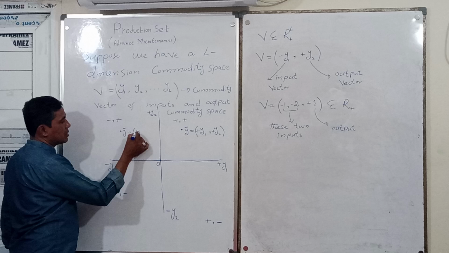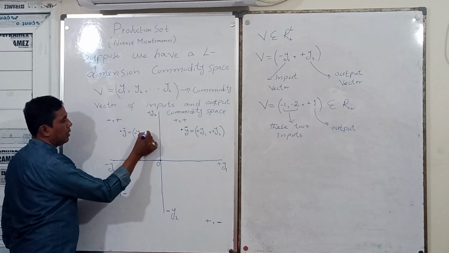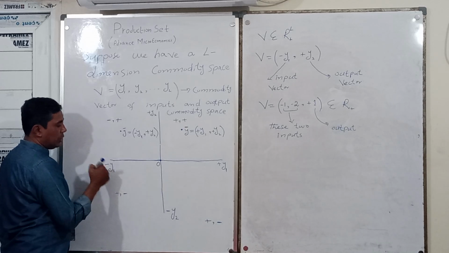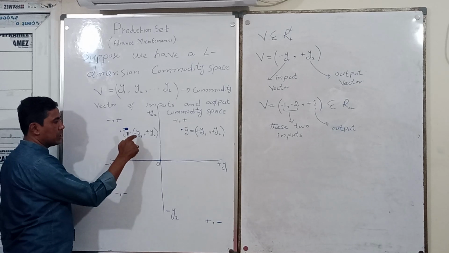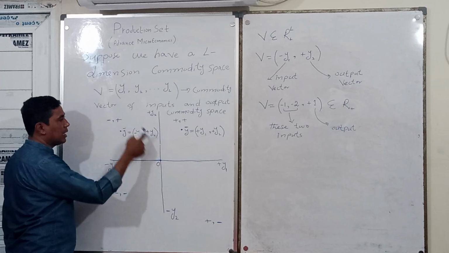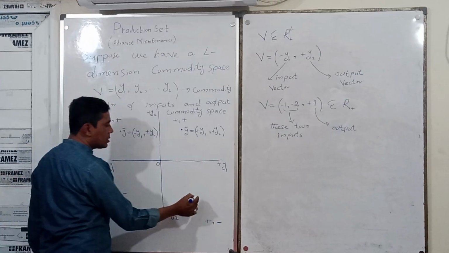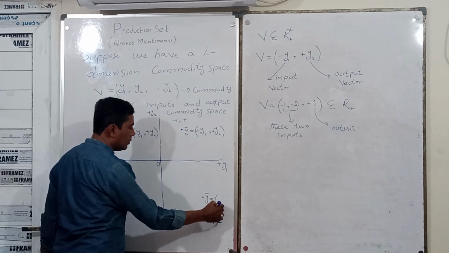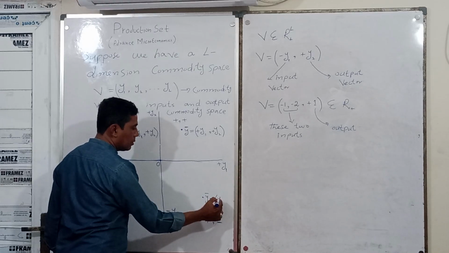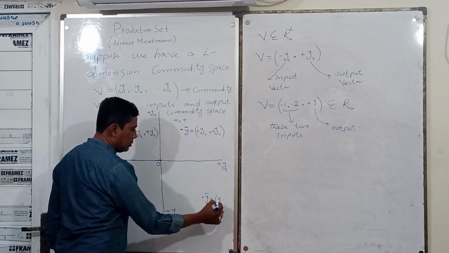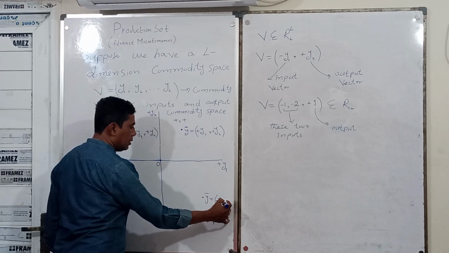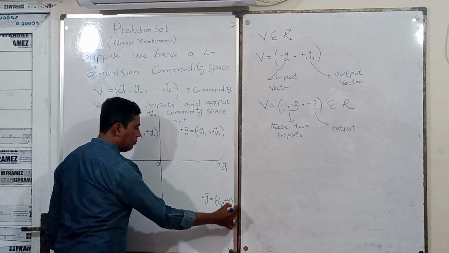Similarly, if we point this y bar in this quadrant, y1 is negative and y2 is positive. What does it mean? There is one input, which is y1, and y2 is considered as output. Similarly, in this quadrant, if we mark y bar, y1 is positive and y2 is negative.